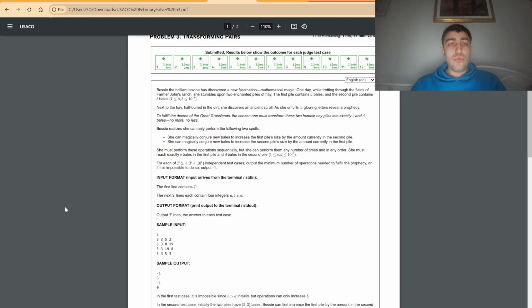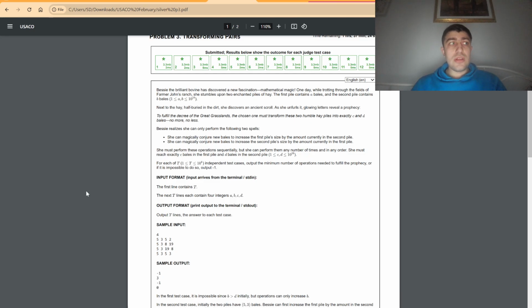In this problem, we are given a very mathematical kind of exercise in which we have two piles, which at first have A bales and B bales, and we need to use certain operations in order to get them to become equal to C bales and D bales.